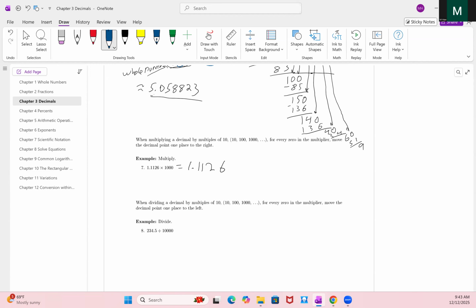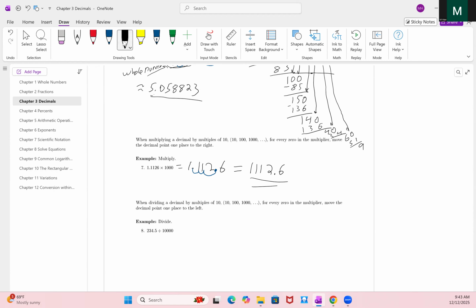That tells us the number of places we need to move the decimal to the right, which is 3. So 1, 2, 3. Now the new location of the decimal will be here after multiplying it by 1,000. So we have 1, 1, 1, 2, 6. So now it will be 1,112.6. This is the answer.